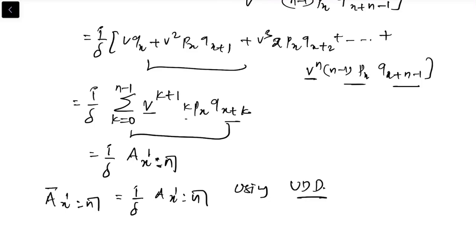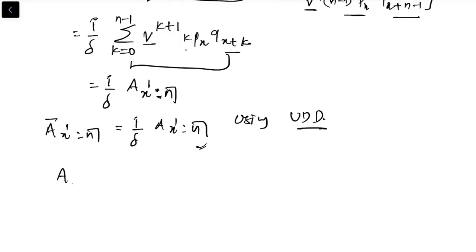So without UDD we cannot prove this. This is very important to mention, that using UDD assumption we have proved this result. This is also true in case of whole life assurance, immediate whole life assurance. So this is approximately equal to i over δ A_x using UDD.